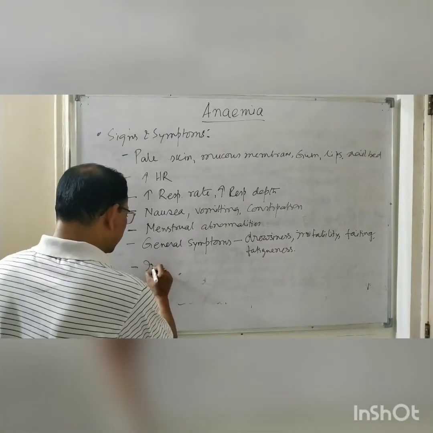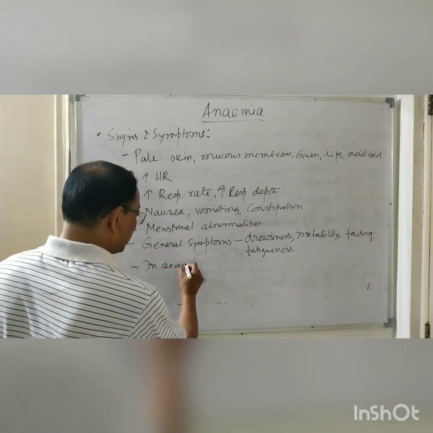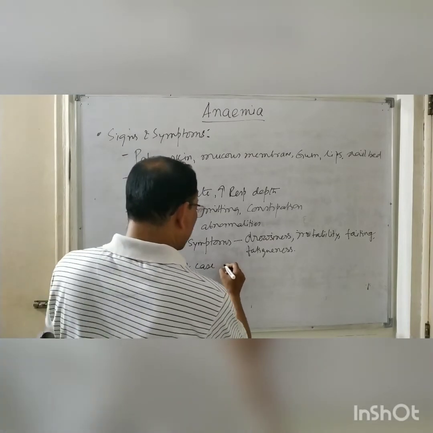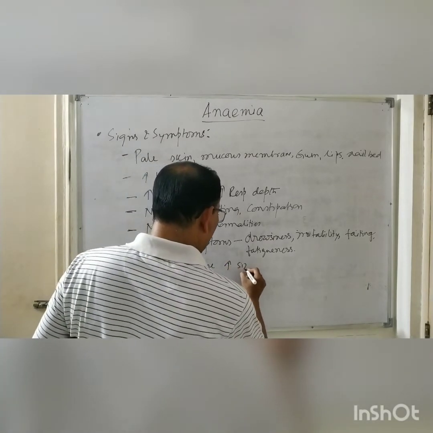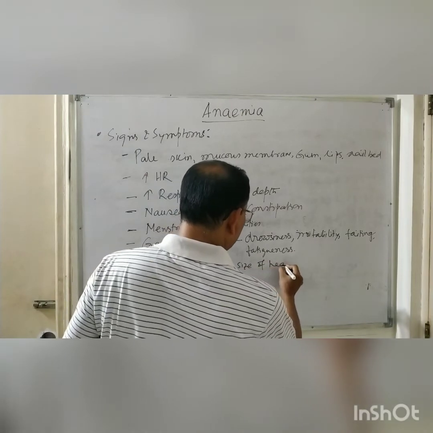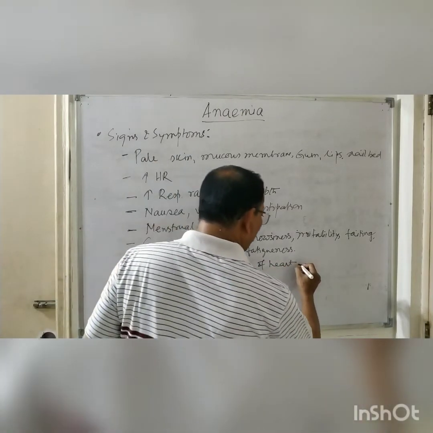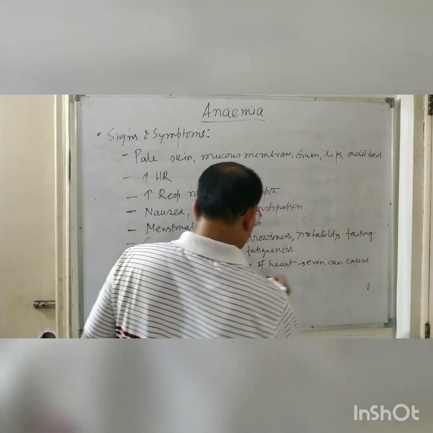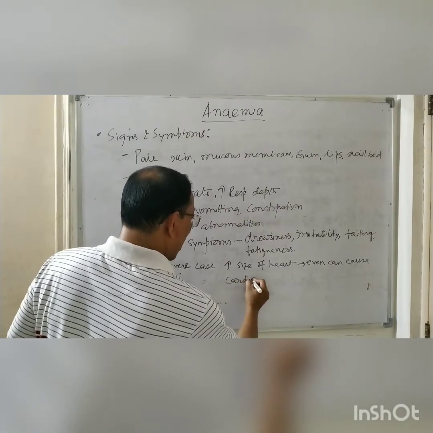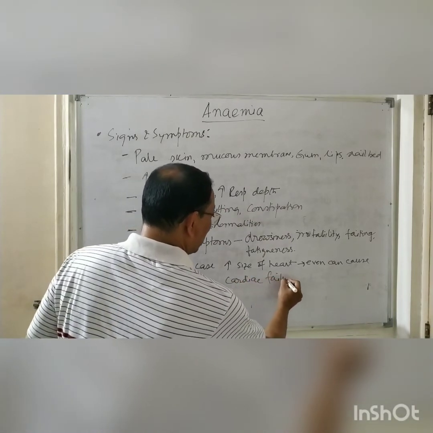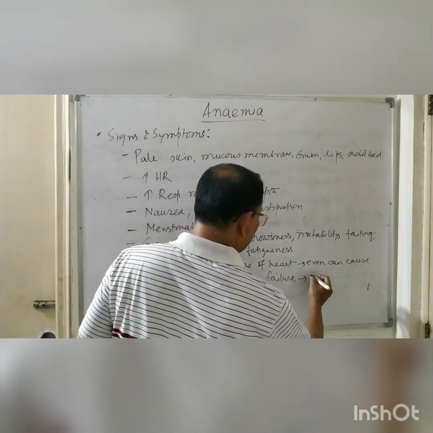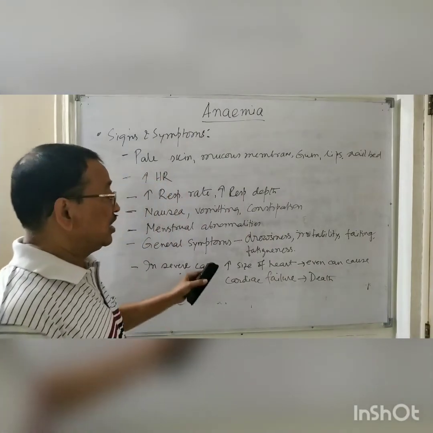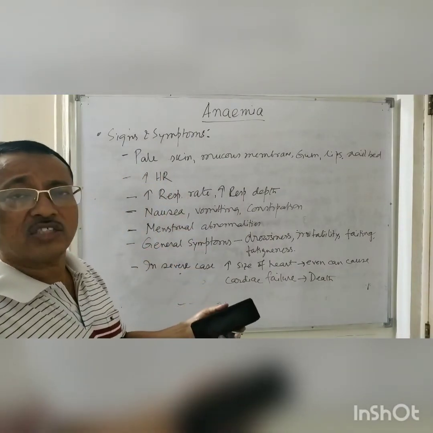And in severe cases, if the anemia is not corrected, what happens? There can be an increased size of the heart, and that can even cause cardiac failure or heart failure, and that can even result in the death of the person.